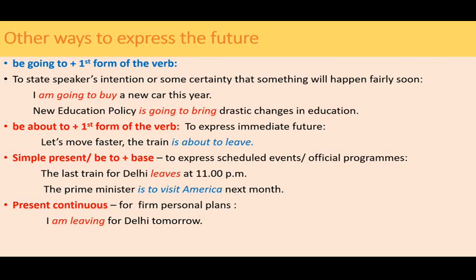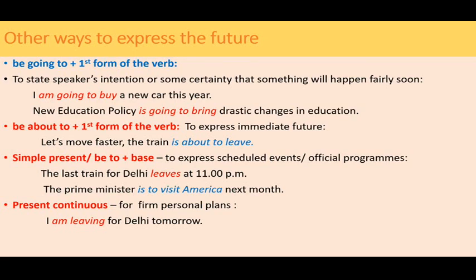For example, I am going to buy a new car this year. So this expression shows the intention of the speaker that he is certain to buy a car. He intends to buy a car. I am going to resign the job. So it shows the intention of the speaker.